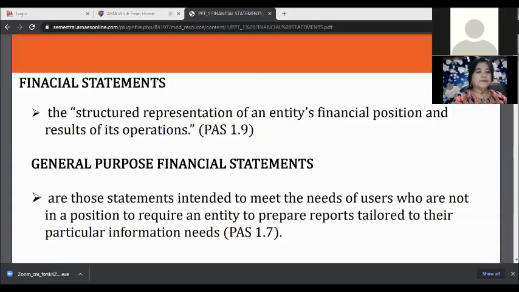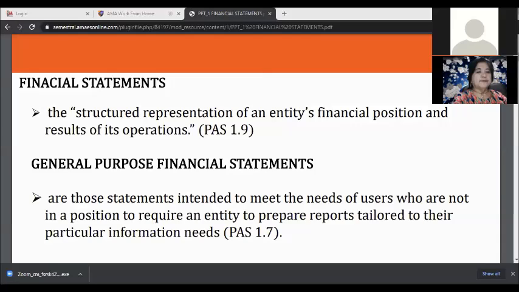They are, of course, to provide this financial information to these users who don't have the authority to, say, order the preparation of one. But since they are in need, they can be provided with those financial informations coming from our financial statements.